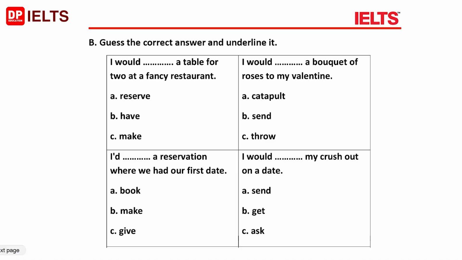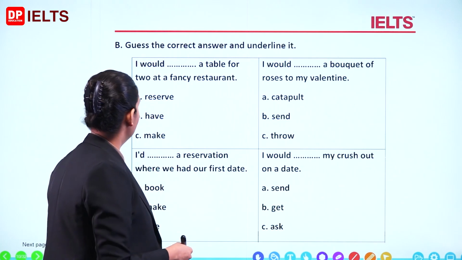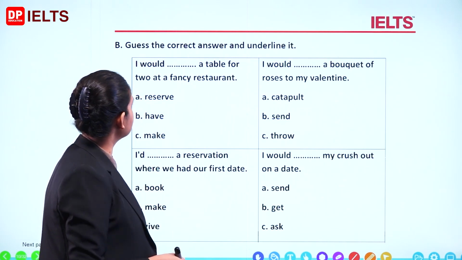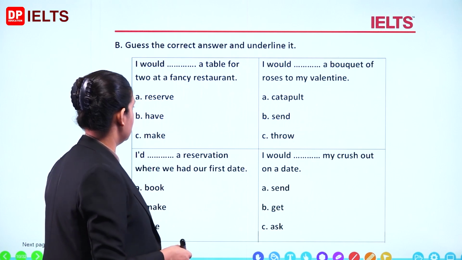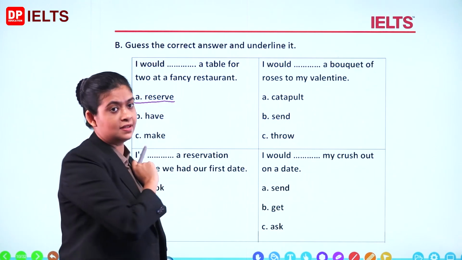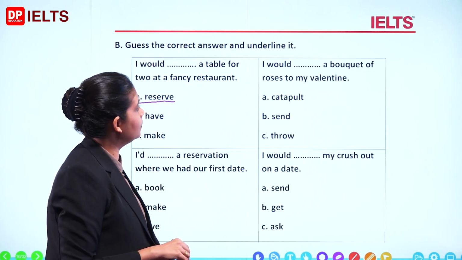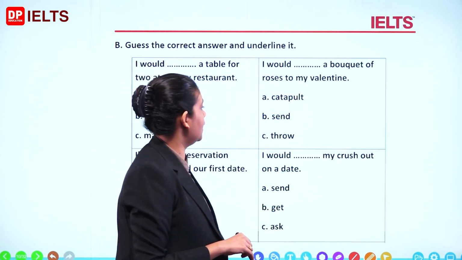Right, so the next one, guess the correct answer and underline it. Hari වචනේ තෝරලා ඒක යටින් ඉරක් අඳින්න. I would reserve a table for two at a fancy restaurant. මොකක්ද අපි කරන්නේ සාමාන්‍යයෙන් table එකක් reserve කරනවා. Okay. Next one, I would send a bouquet of roses to my Valentine.